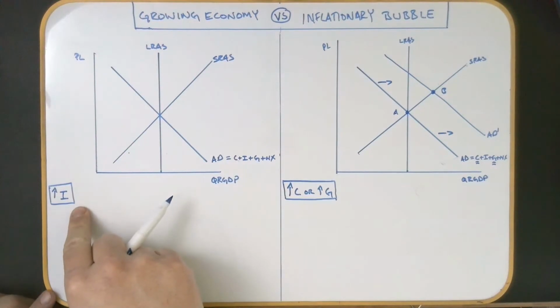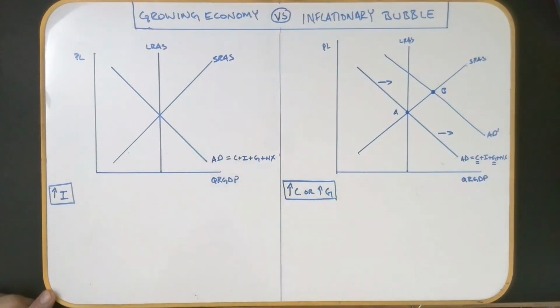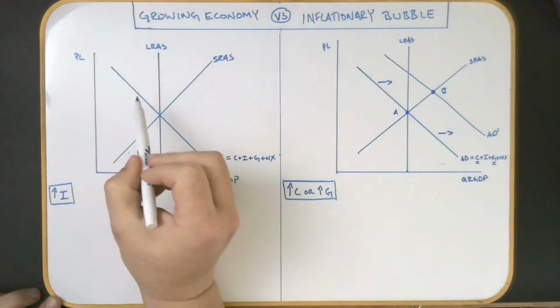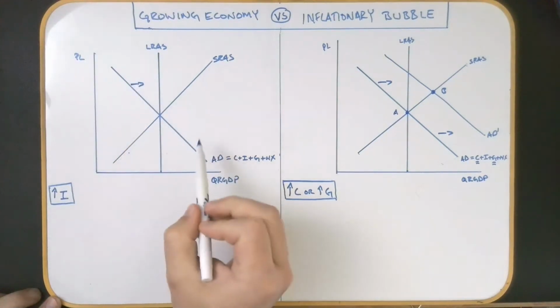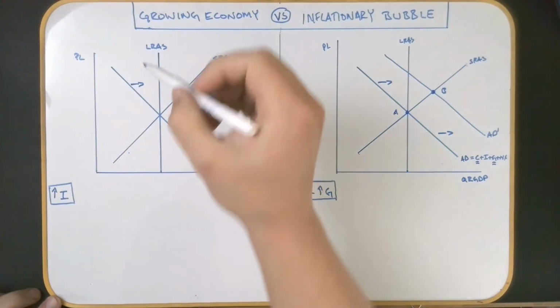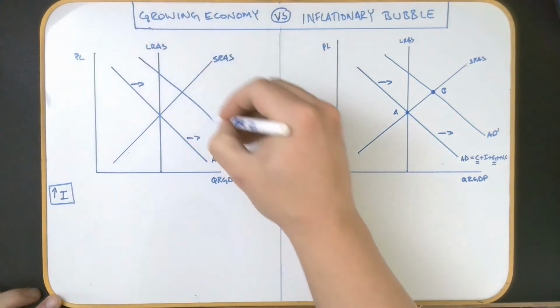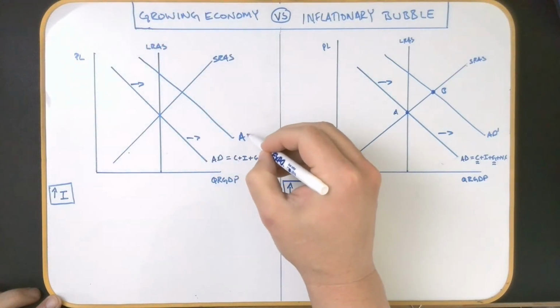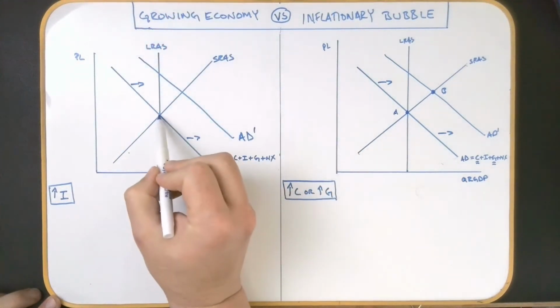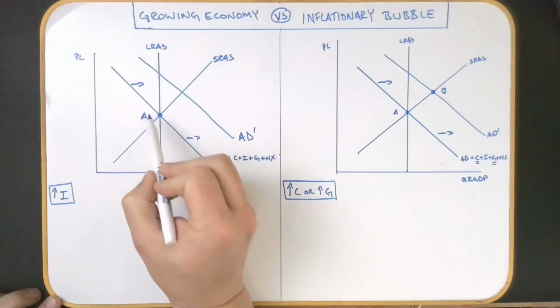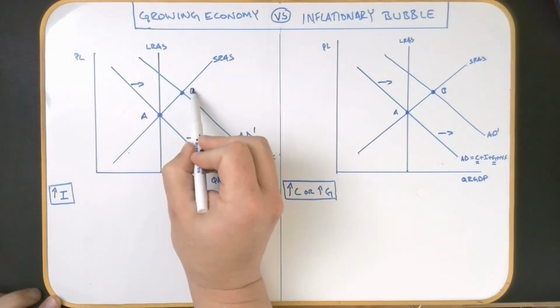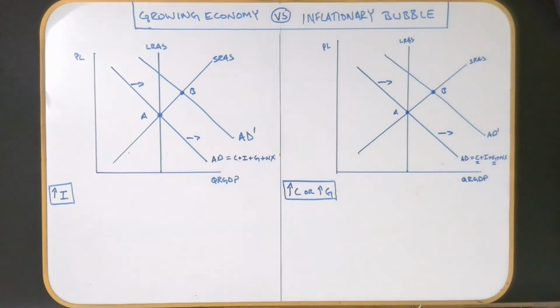There's an increase in I. I is a part of aggregate demand, so there will be an increase in aggregate demand, and we'll show that increase. Here is AD prime. Again, this was point A, and we have increased to point B. So the graphs look like they've had the same impact on both.